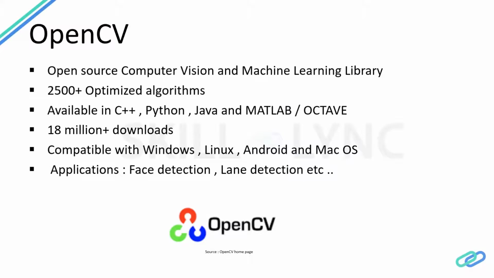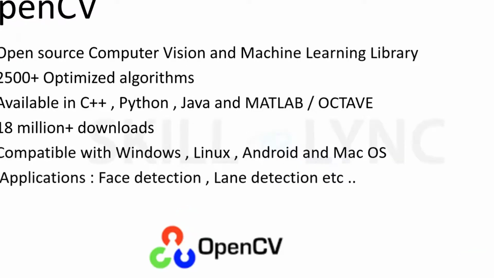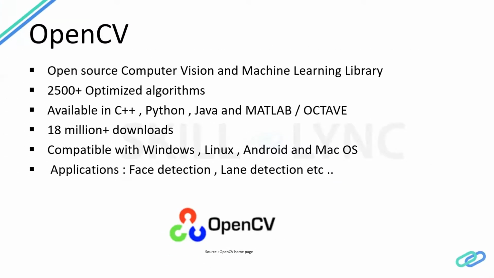As we spoke in the initial content page, we were talking about OpenCV. OpenCV is an open source computer vision and machine learning library. It was created by Intel predominantly to enable people who are into computer vision and provide them with optimized algorithms.